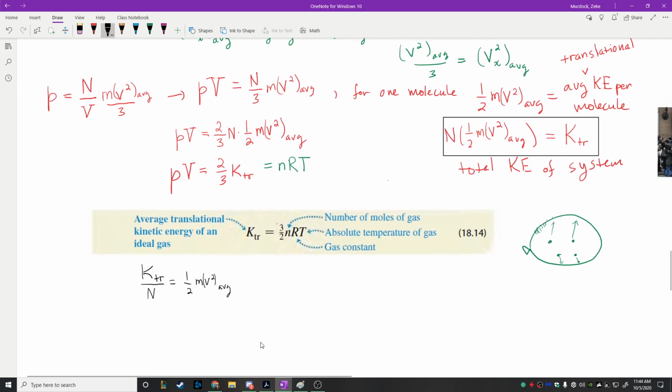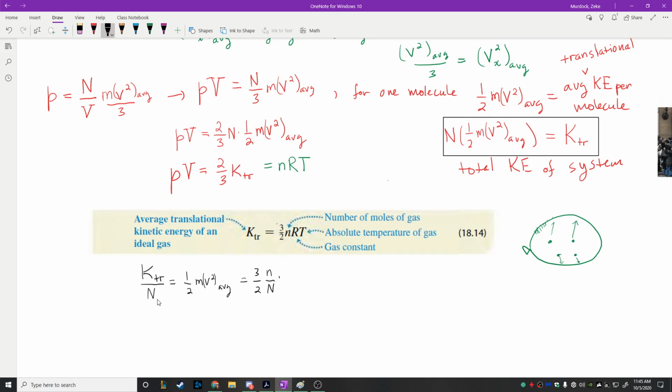The average translational kinetic energy of one molecule is equal to this. So according to the equation from the book, we take 3/2 and divide by N, so we have little n divided by big N. The number of moles divided by the number of molecules.